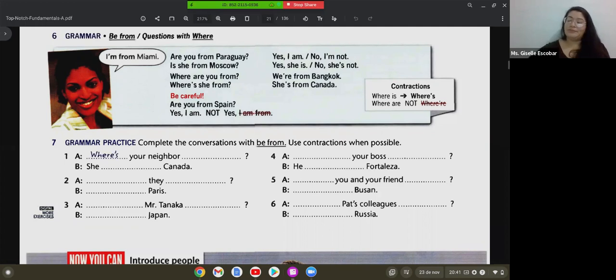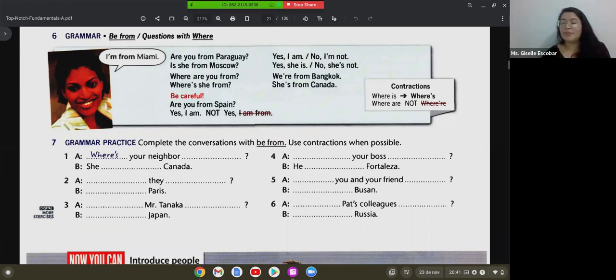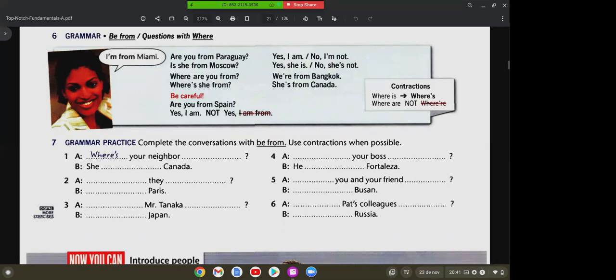So let's see. Erika, where are you from? I am from El Salvador. Perfect. Jim, where are you from? I'm from Bangladesh.